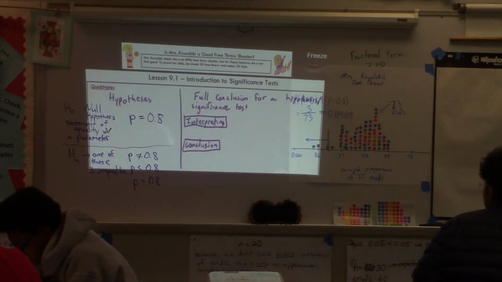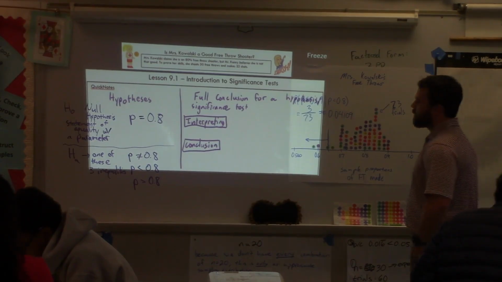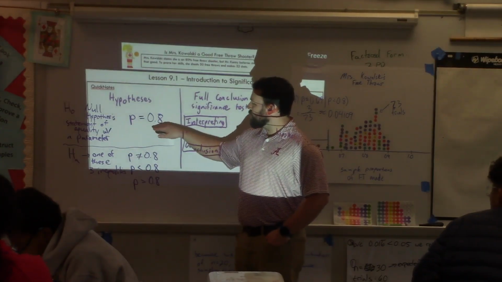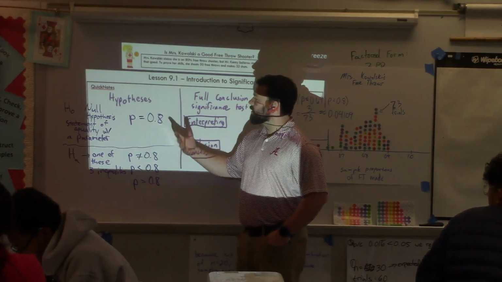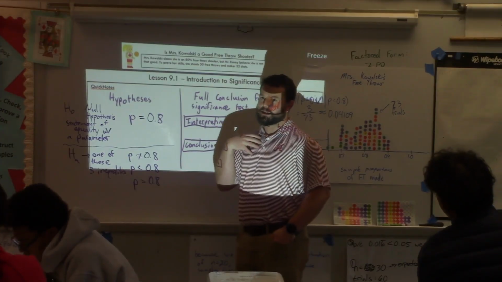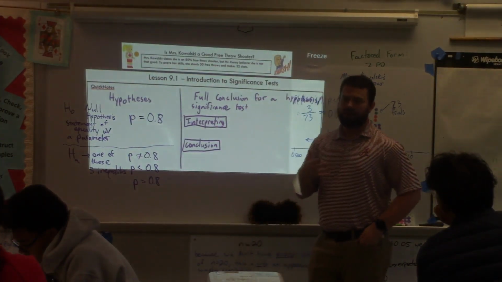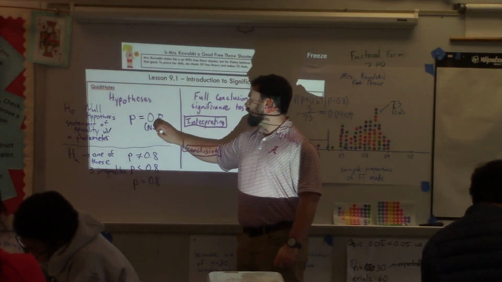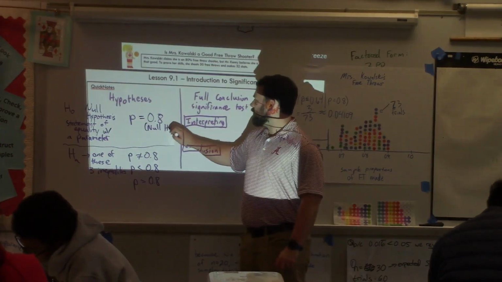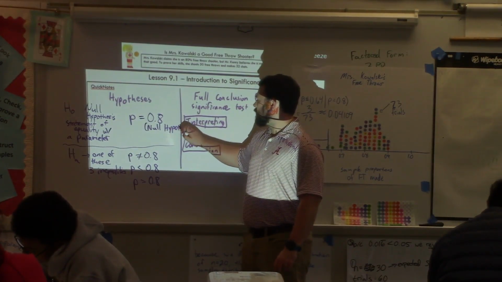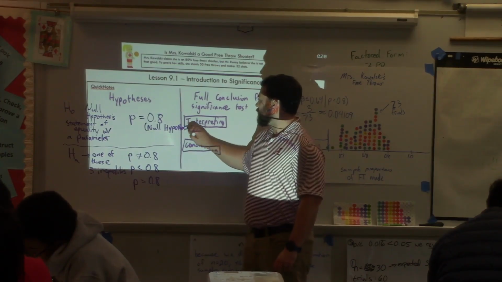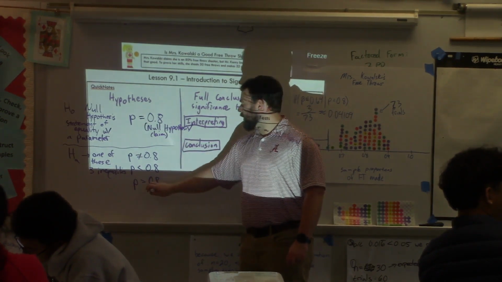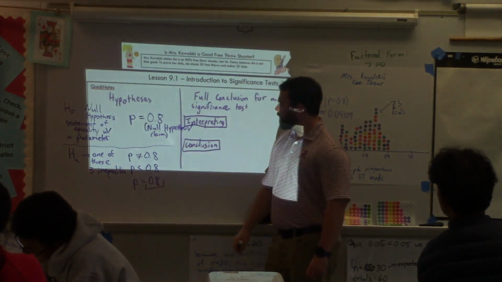Now, here's the thing. I said 0.8, but 0.8 was the what? That was the null hypothesis or the original claim, right? So I'm going to add this detail here. This is also what?